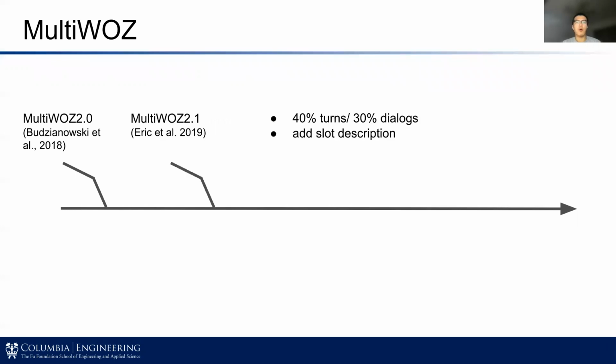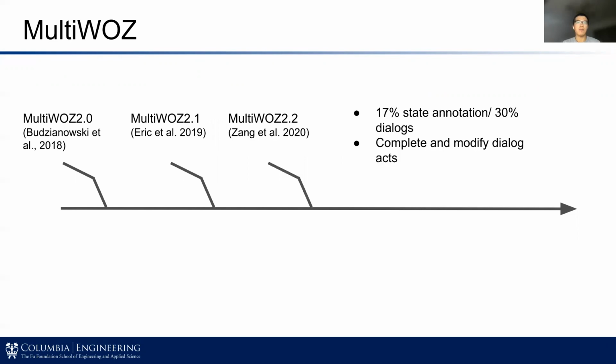As it attracts more and more attention, the dataset has been improved by many works. In 2019, Eric modified around 40% of terms, in other words, 30% of dialogues, to correct some semantic annotation errors and typos. They also added slot descriptions for exploring future learning.